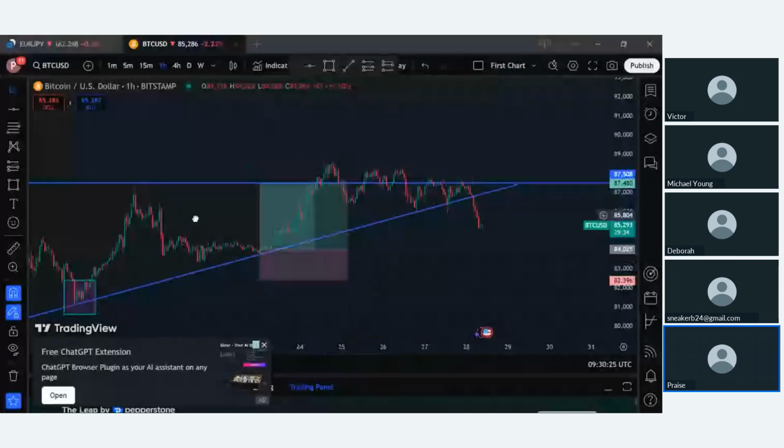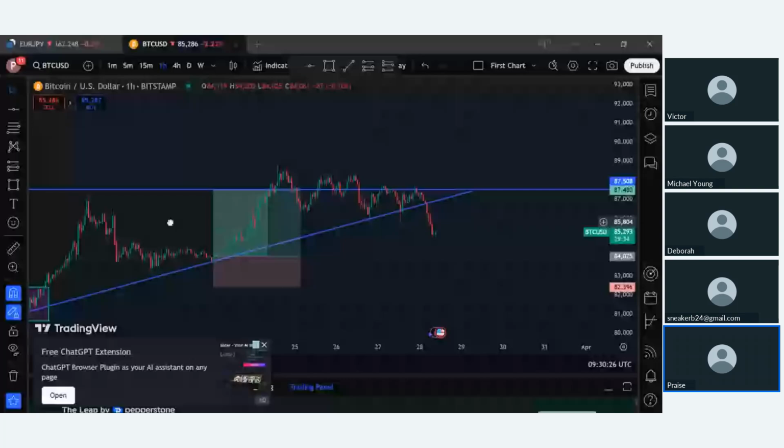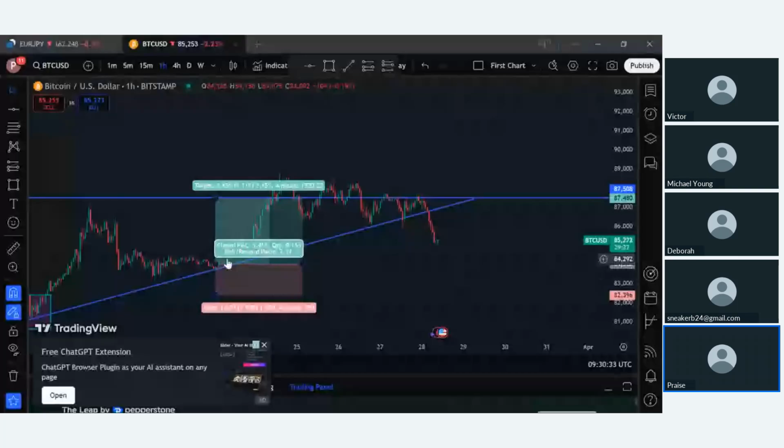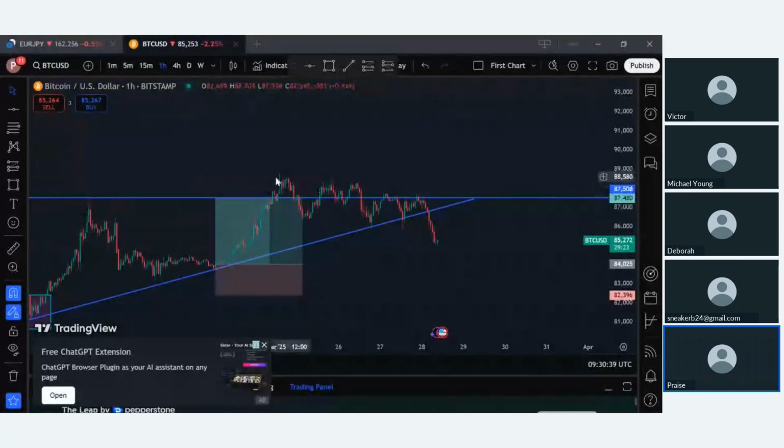Now you can see what happened. The market came back to the trend line and bounced back. The moment we saw the bounce, we took the entry, and since we were targeting this high, it took out this high a bit.